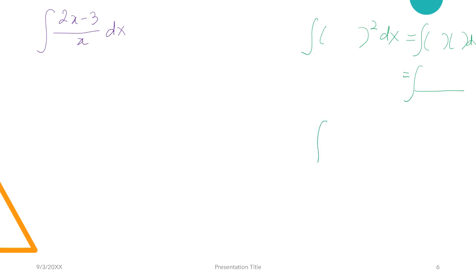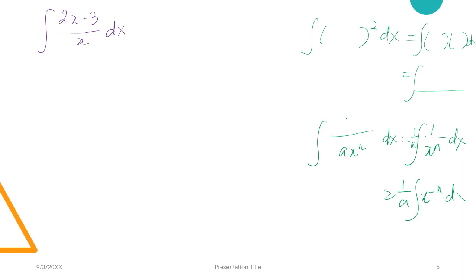So if you have 1 over ax to the power n, then you should simplify it: 1 over is a constant, so pull out your constant and then convert your 1 over x to the power n to a negative power before you apply the rule.